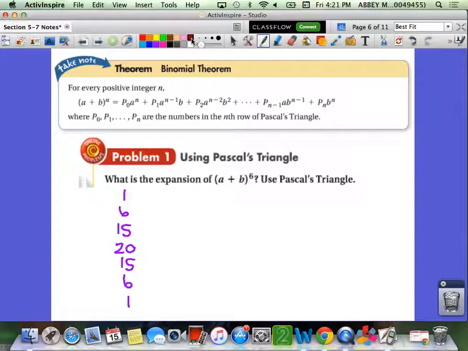My next step, I'm going to start with my first term here, and I notice that it's A. We're connecting the theorem to what we're actually doing here. So I'm going to have A to the 6th power. I start with the greatest and I work my way down.